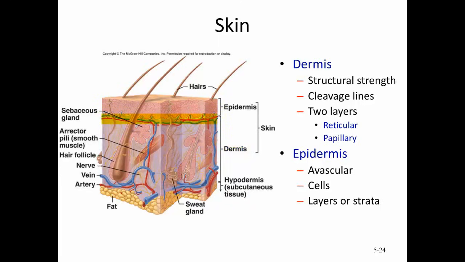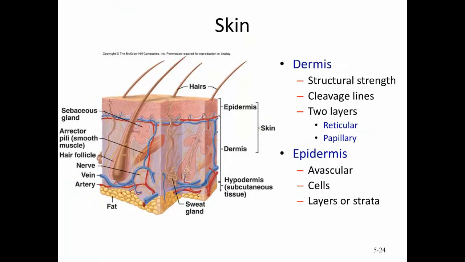We have the papillary layer, which is the layer where you're going to find the dermal papilla. Now, if you notice on this picture, in the dermal papilla, we have capillaries. We have some blood vessels there. Okay, that is the papillary layer. And then below that is going to be the reticular layer. So the bulk of the dermis is the reticular layer.